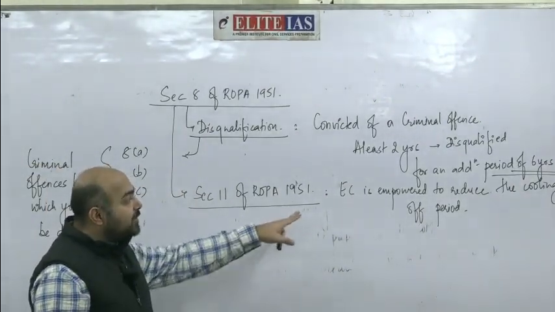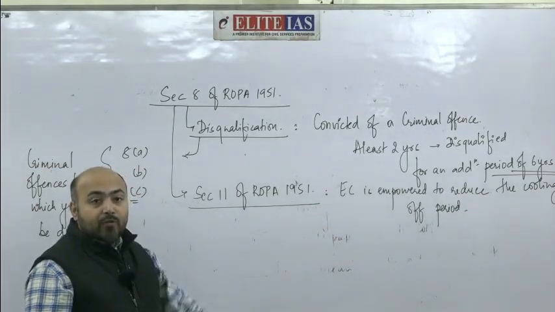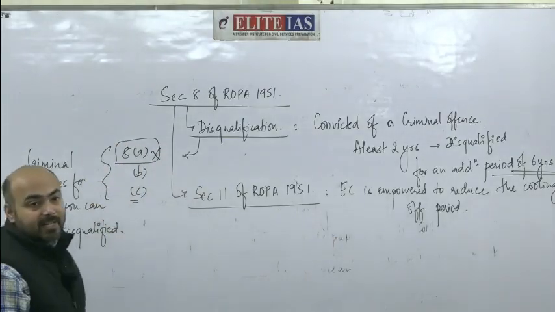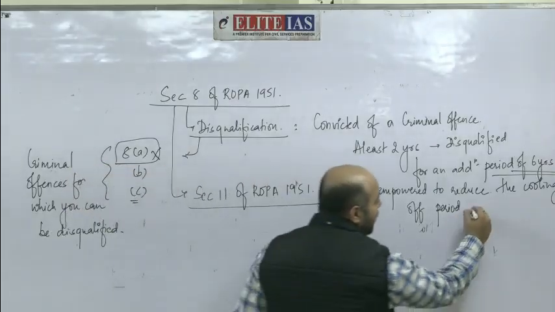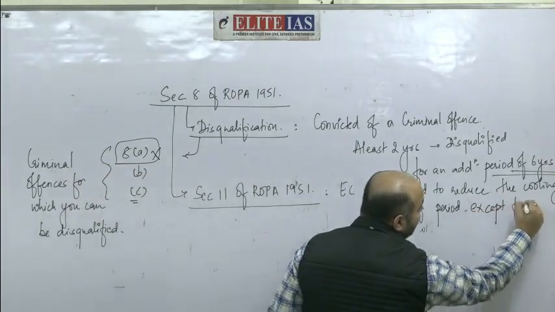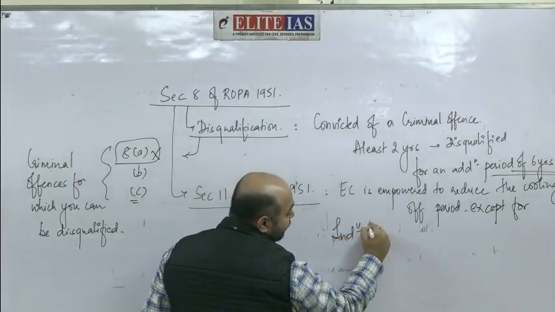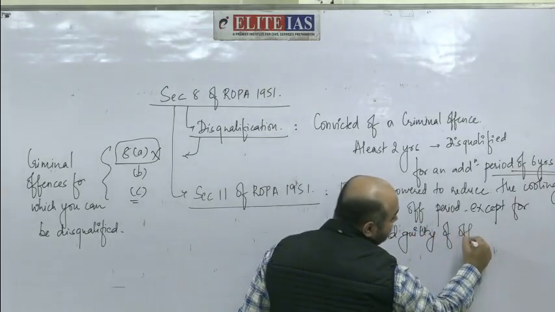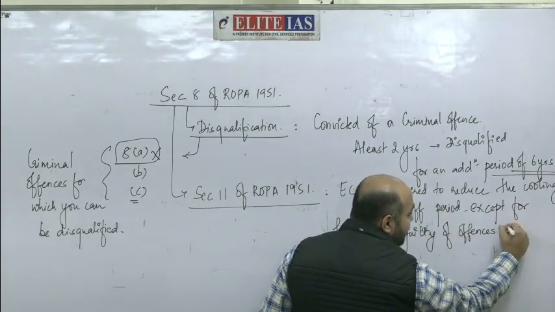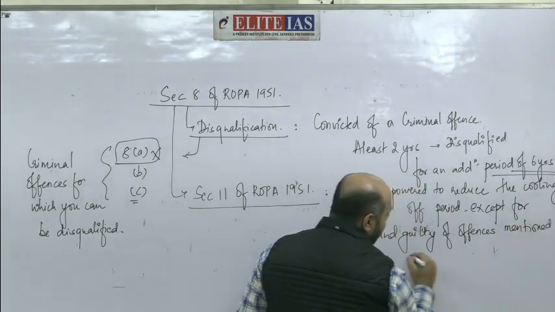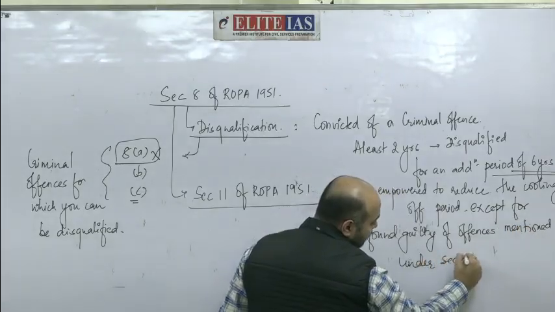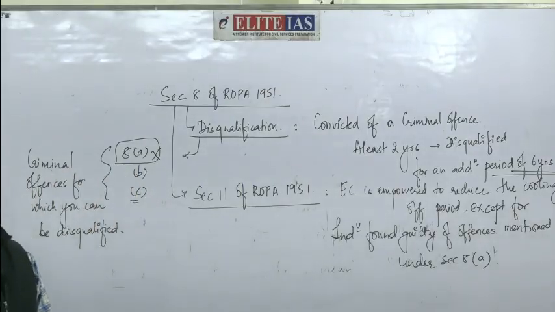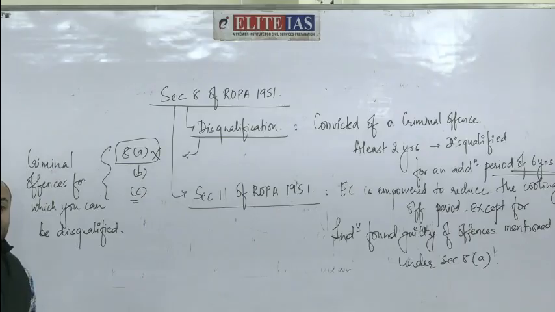However, the election commission is empowered to reduce this cooling off period for only those offences that are mentioned, except for individuals found guilty of offences mentioned under section 8 clause A. That means this cooling off period cannot be reduced for anyone found guilty under section 8A.